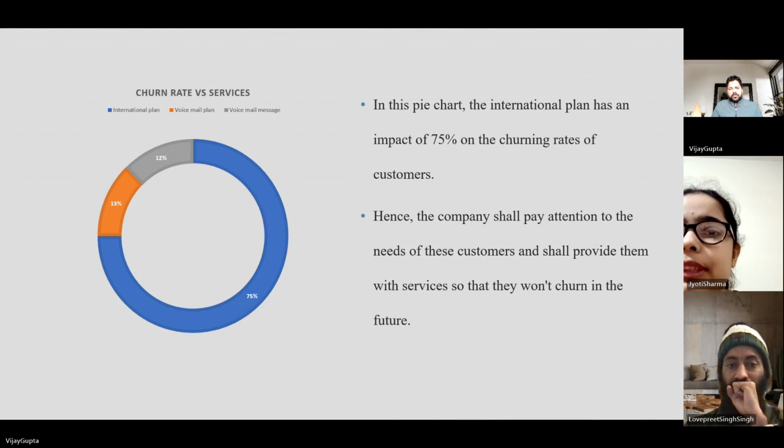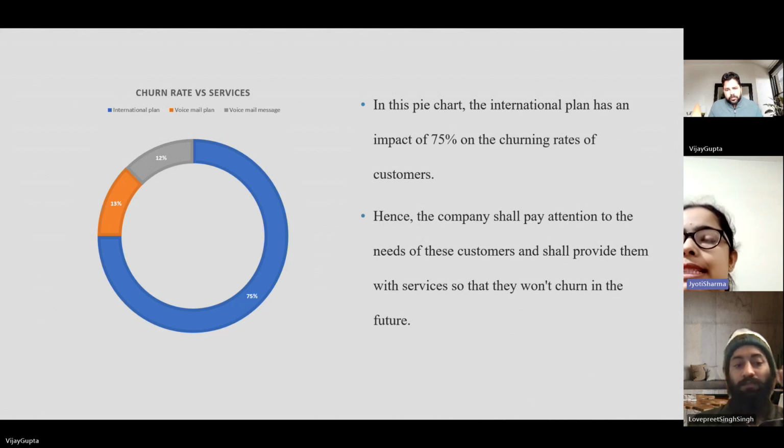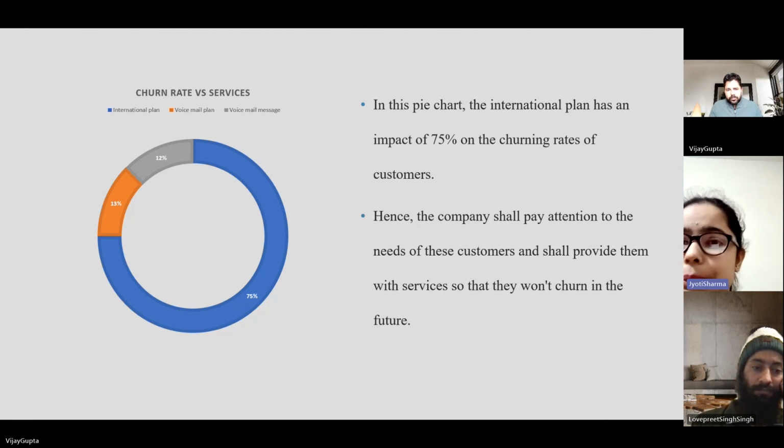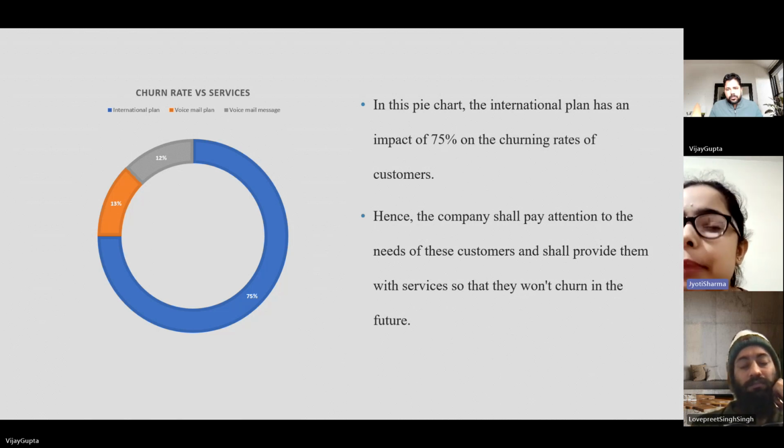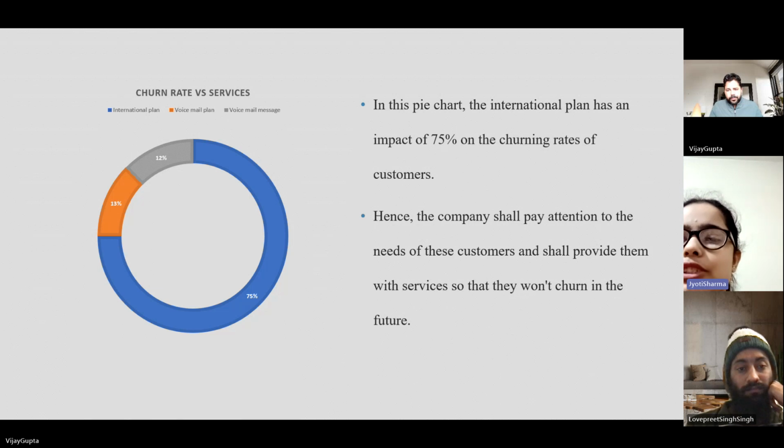Next slide. The next part will be covered with the help of a bar graph. In this bar graph, the blue color represents the impact of the international plan. We can see that the international plan has an impact of 75% on the churning rates of customers as compared to other services like voicemail plan and voicemail messages.